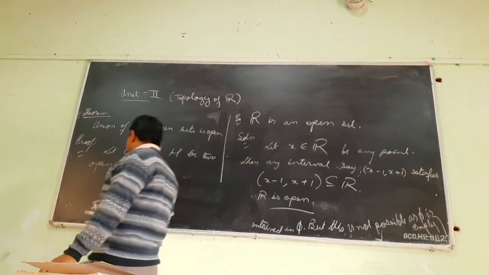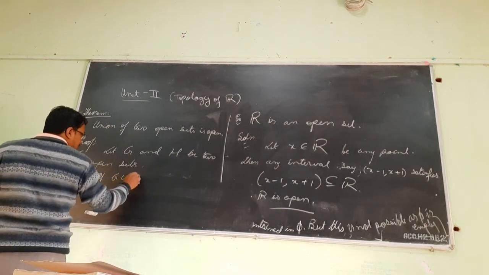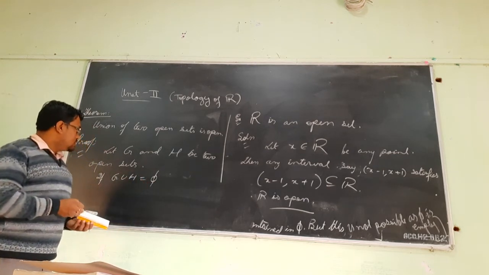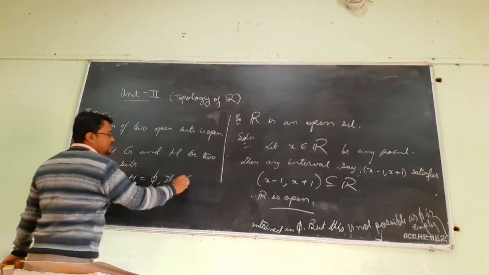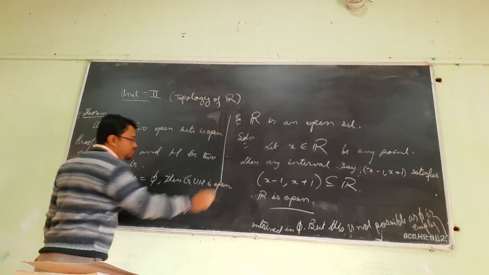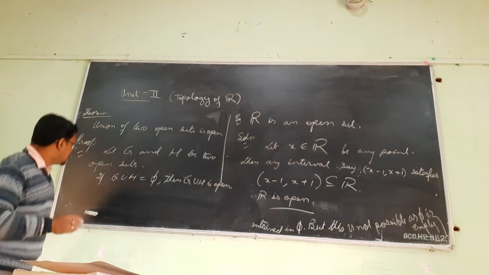Then I have to show G union H is open. So if G union H is phi, it may happen that their union is empty. Then we have already seen that phi is an open set, so G union H is open. If you start with two empty open sets, then obviously their union is phi, which is open. Okay.